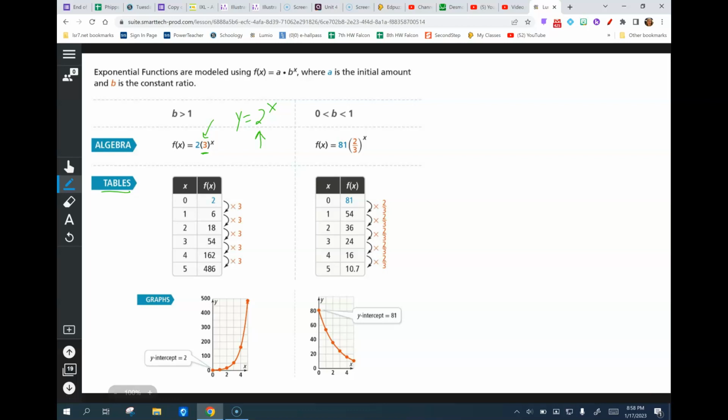So when b is greater than 1, it's going to be an increasing function. Now when b is between 0 and 1, it's not less than 1, it has to be between 0 and 1. In other words, this is a fraction. If it is a fraction, notice that my function is going to decrease. It's going to come down.